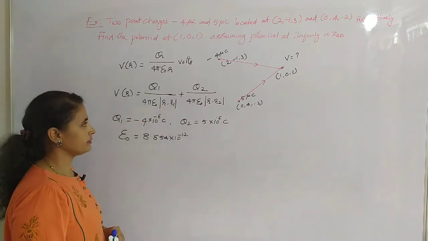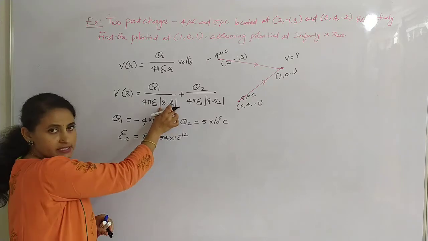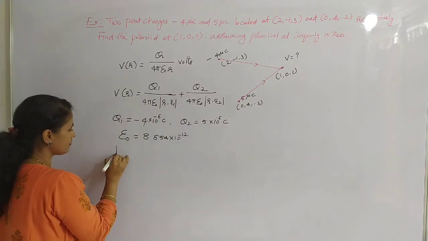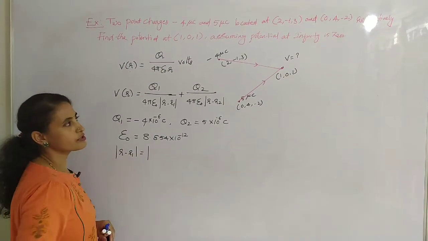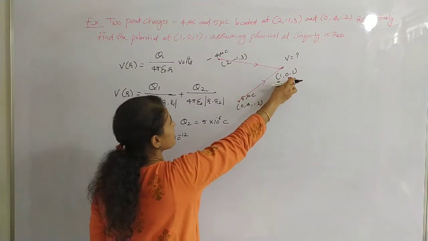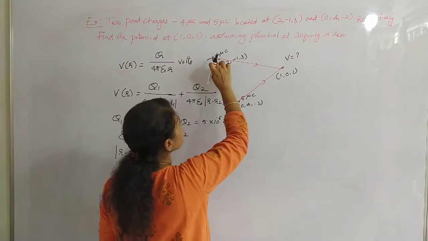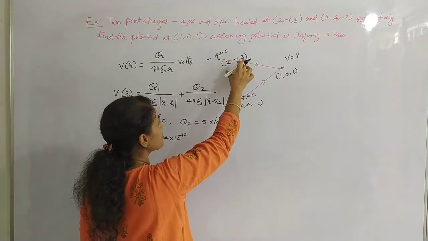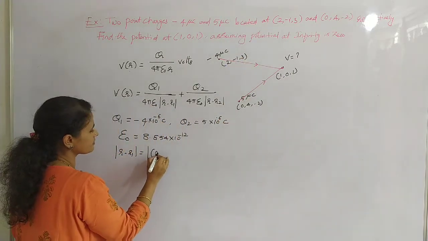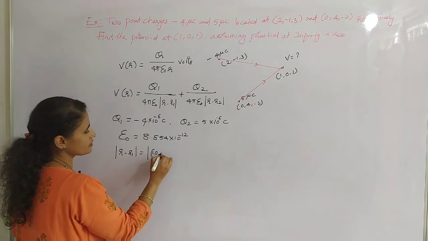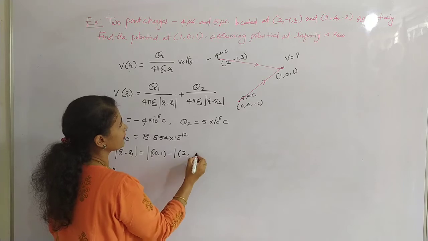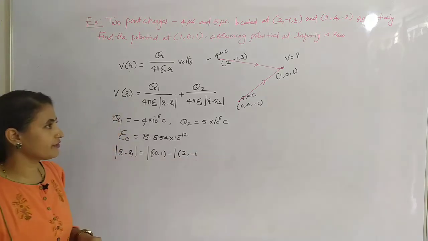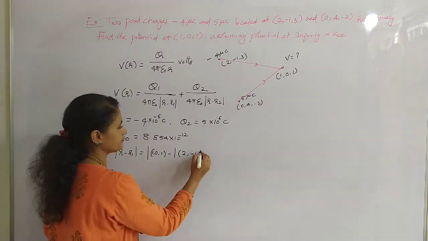Now the magnitude of the difference of these two distances. The magnitude of r minus r1 is: r is (1, 0, 1) minus (2, -1, 3).